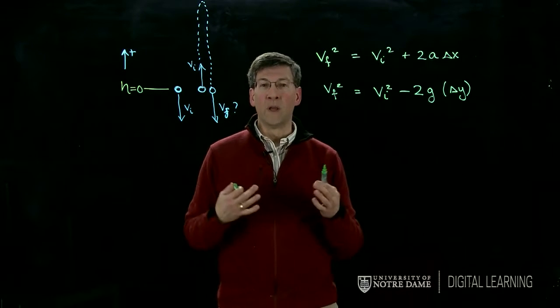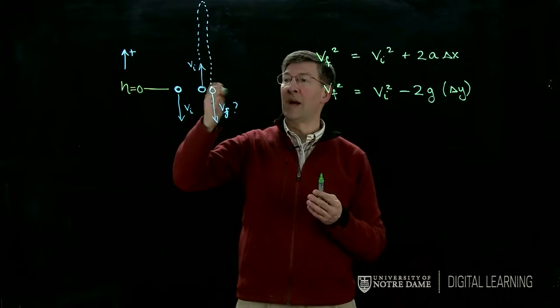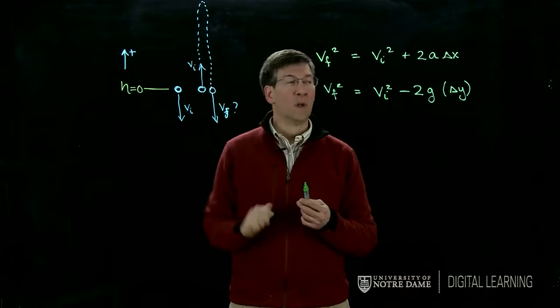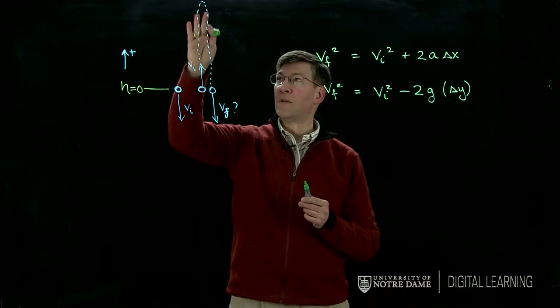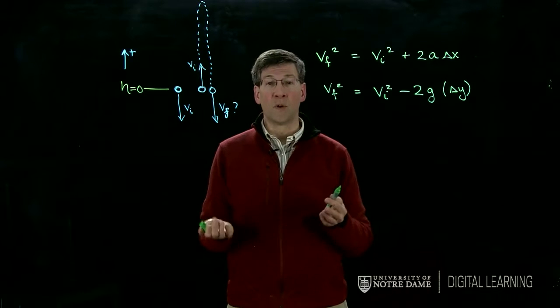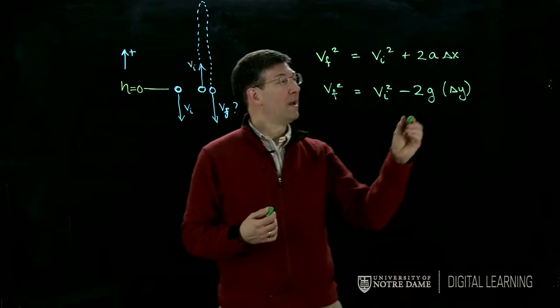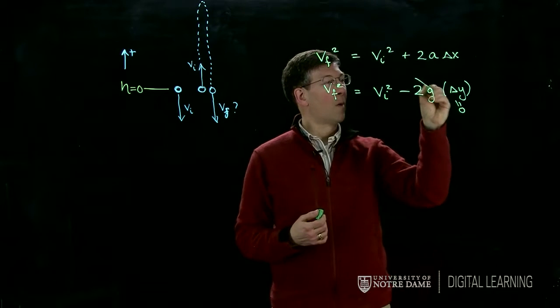What I'd like to know is how fast the ball is going when it goes all the way up here and comes all the way back down to exactly the same position. So if I look at this equation, what I want to compute is the velocity where I'm back at the same position here. So the displacement is actually 0, and delta y in this particular example is equal to 0. So this whole term is going to go away.